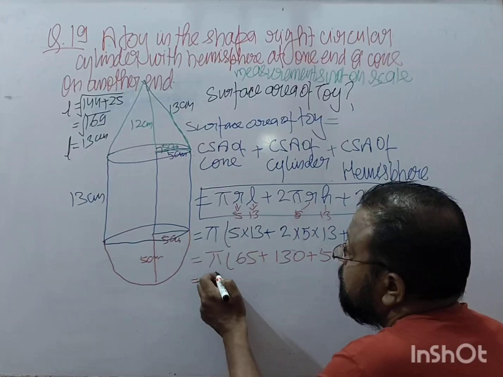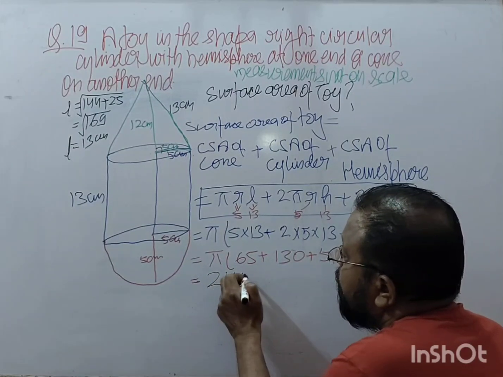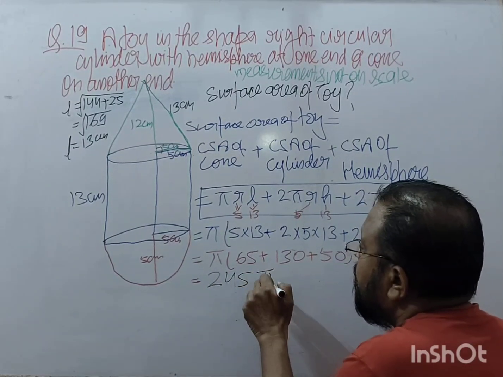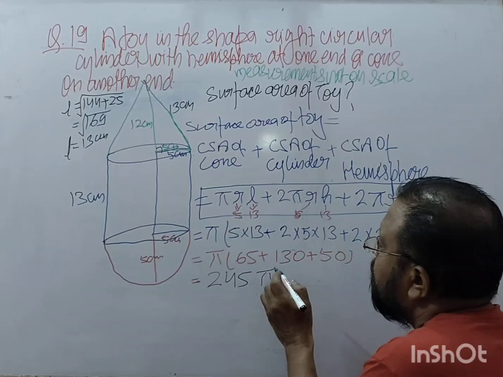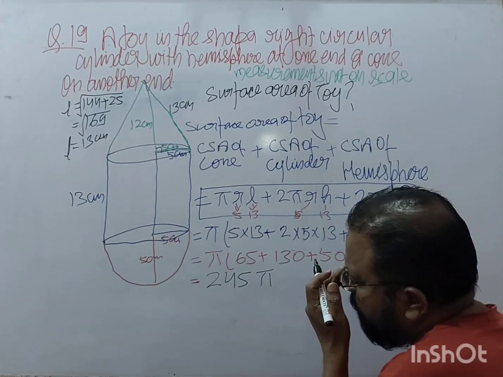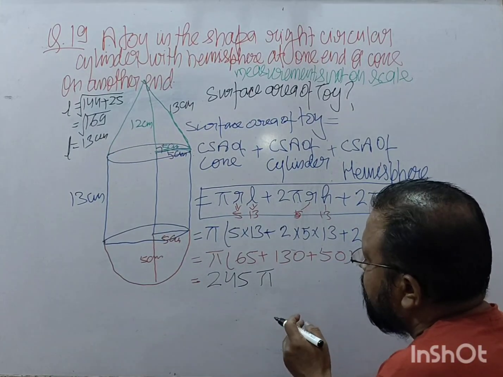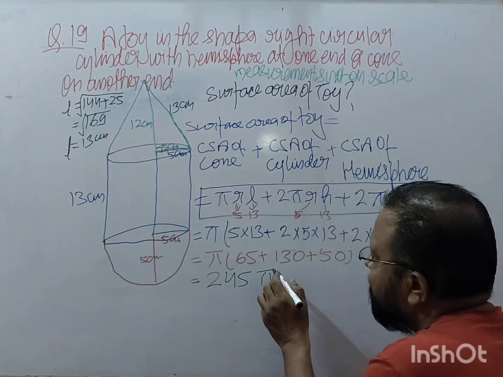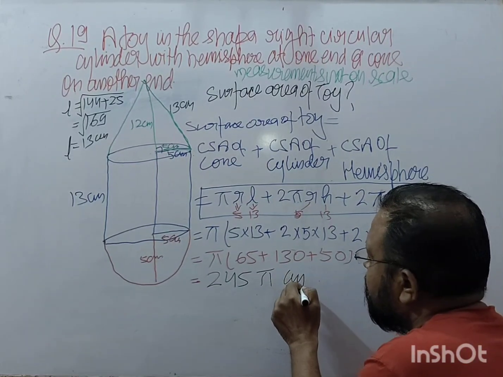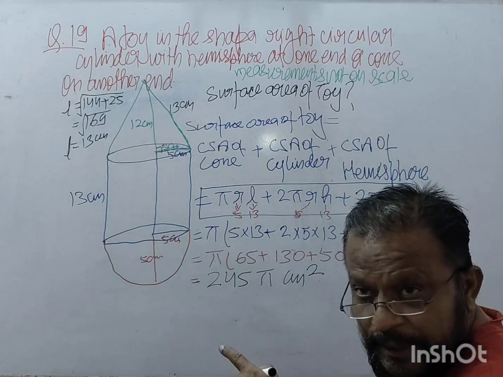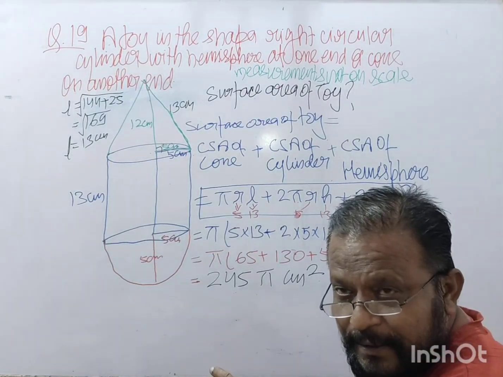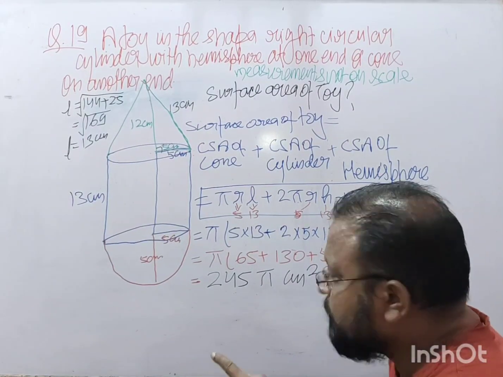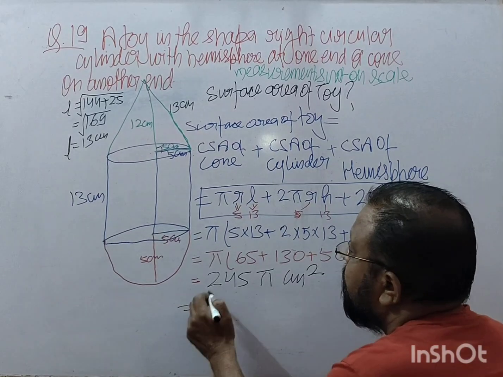Hmm? 245 pi centimeter square. Good. Pi centimeter square, okay.